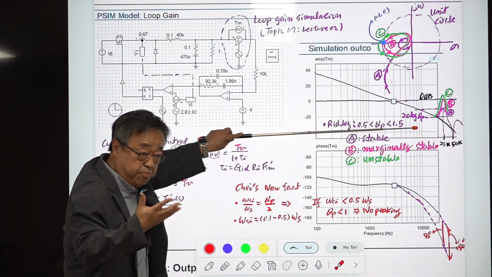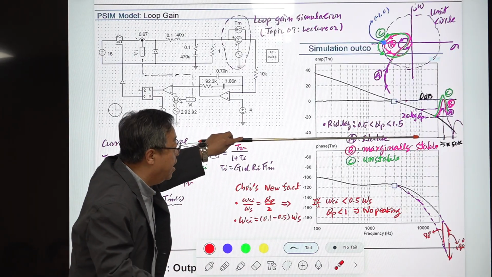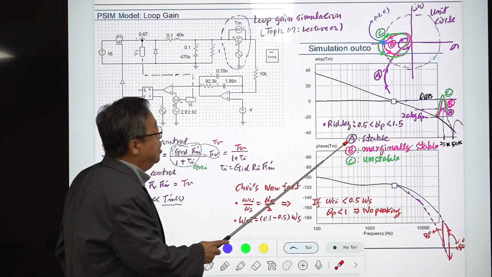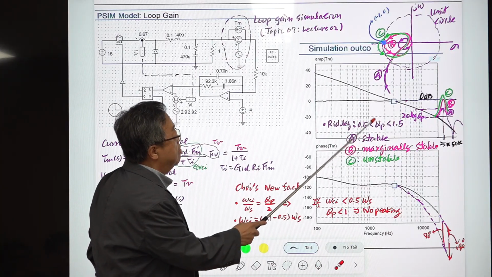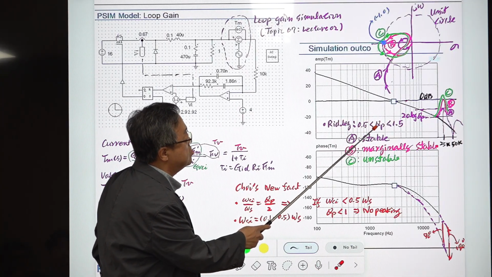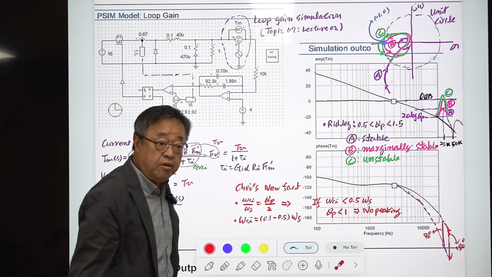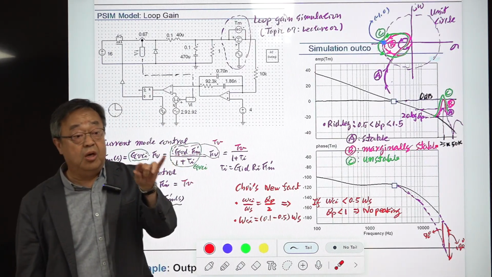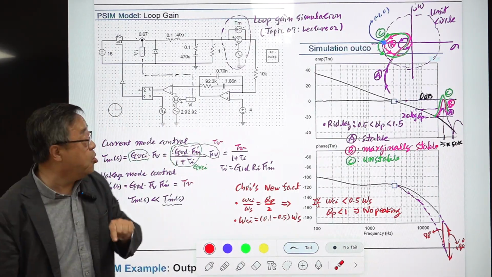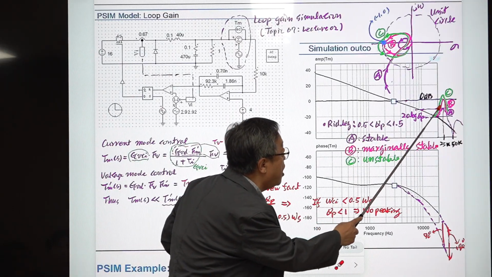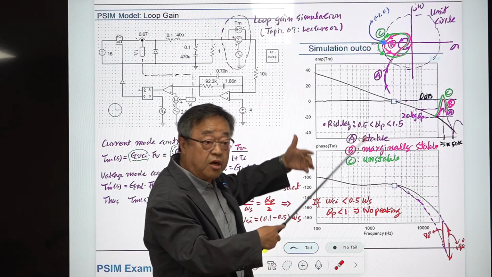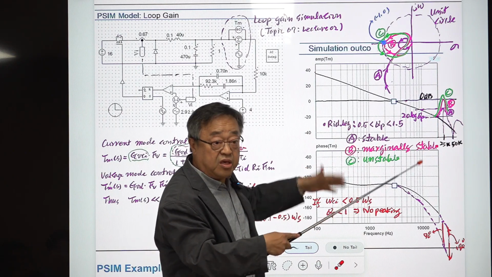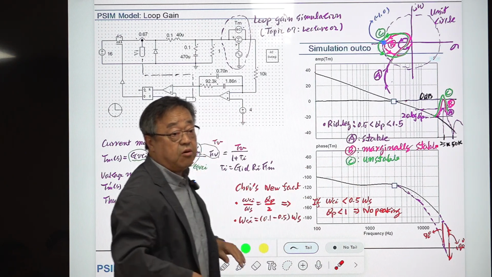QP is some complicated expression, and he recommended you keep QP at some value in between. Maybe 2 might be dangerous, but still acceptable. 3 can be okay, as long as it does not touch this. But if the operational condition changes, the peaking will grow further, making the converter unstable.